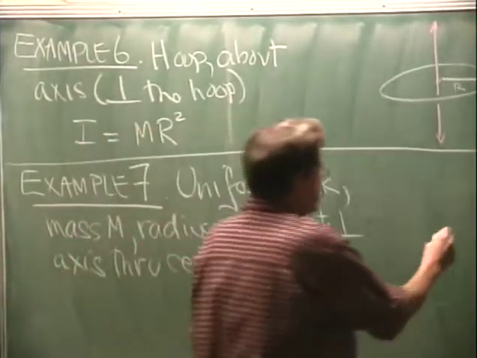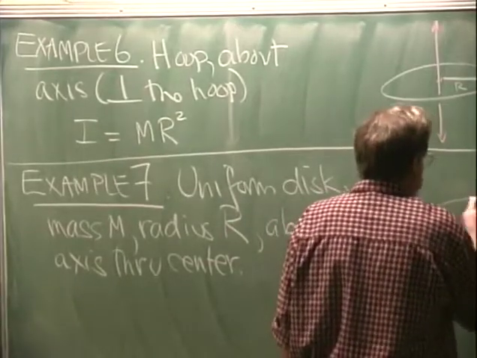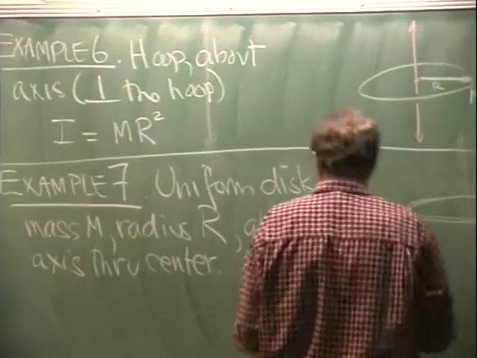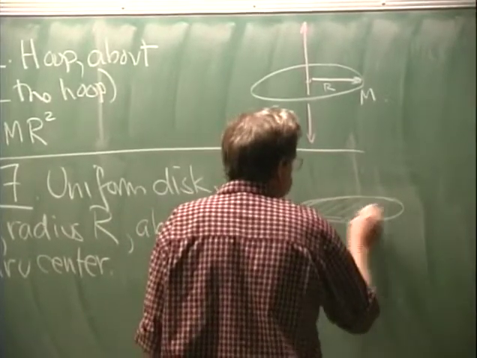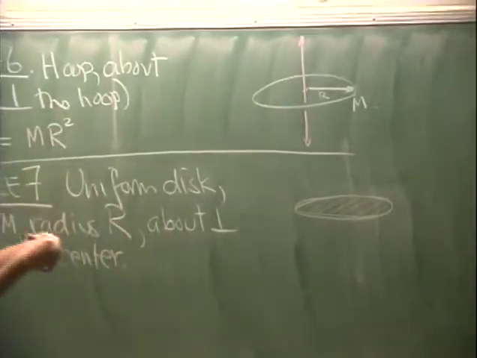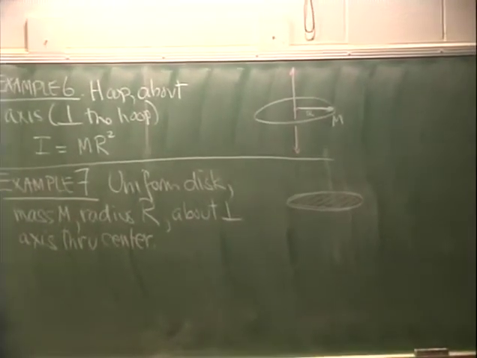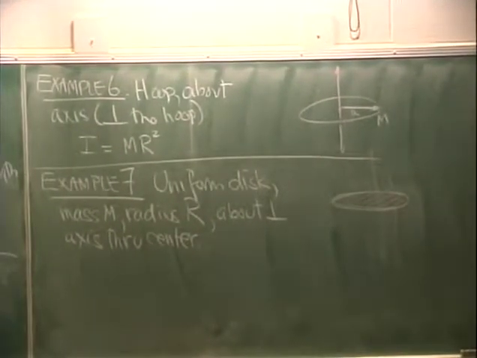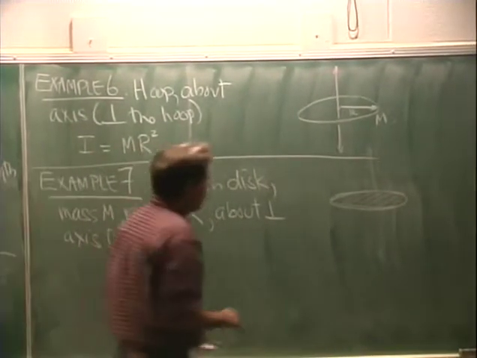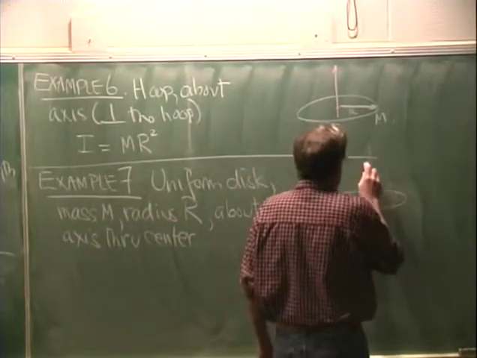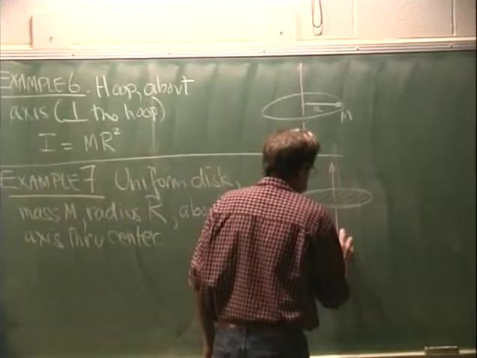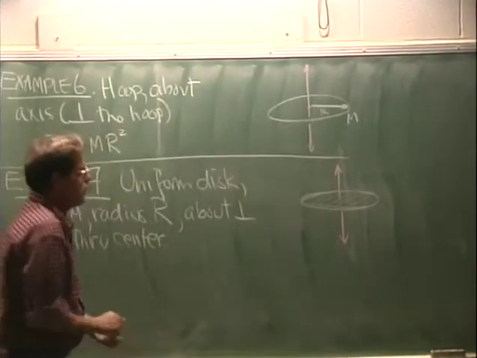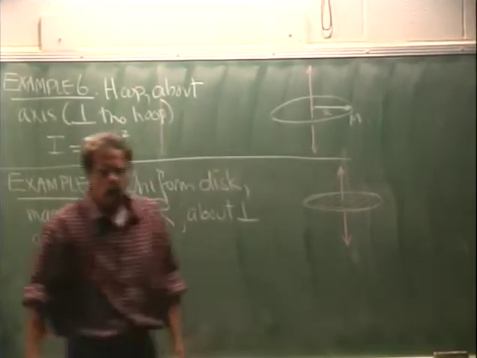So here it is. But this time it's the whole plate, not just the rim. So the mass is uniformly distributed over the plate there. And I want to know the moment of inertia about this axle here. Like that. How should we do this one?